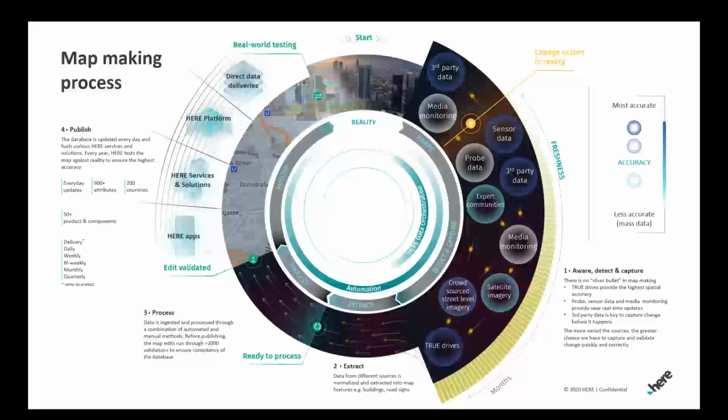That's what we call the phase extract, because you can imagine if we get a list from a certain brand of all their locations, then the far majority of these locations are already in the product, and we only want to process the update. So we're extracting the deltas, as we call them, the differences that we need to make, which we are then processing into our database, and over that we are overlaying validations, as they're called.